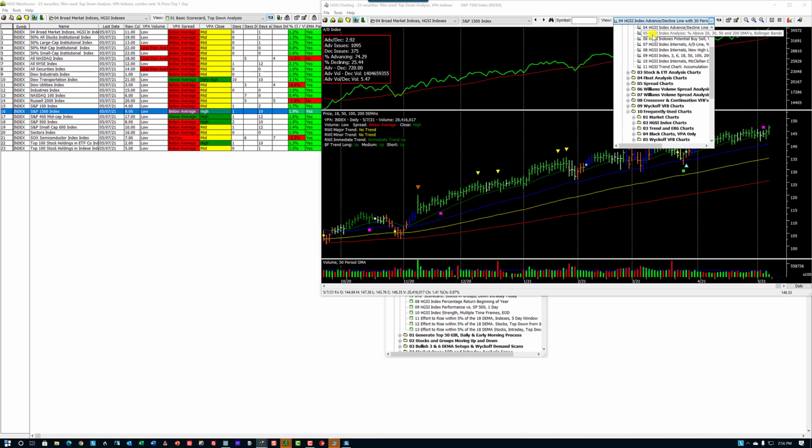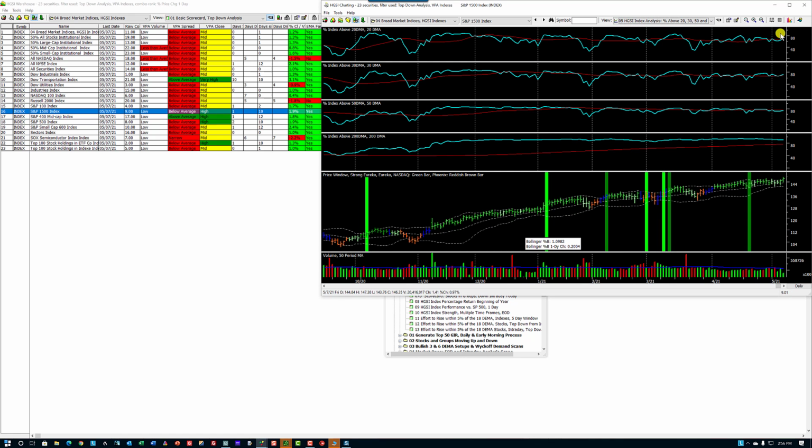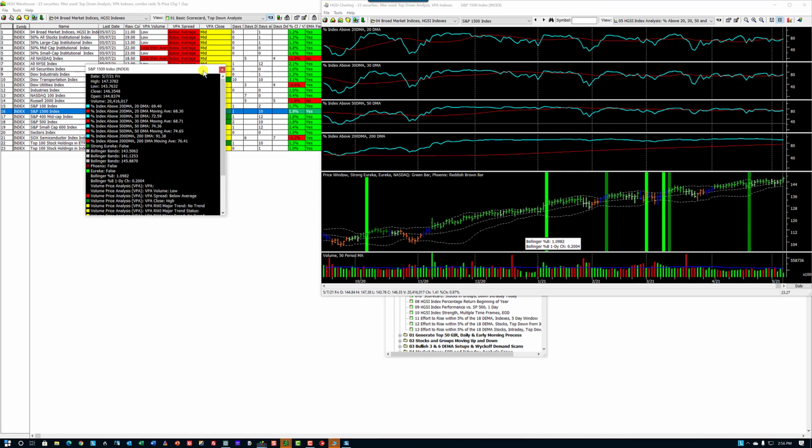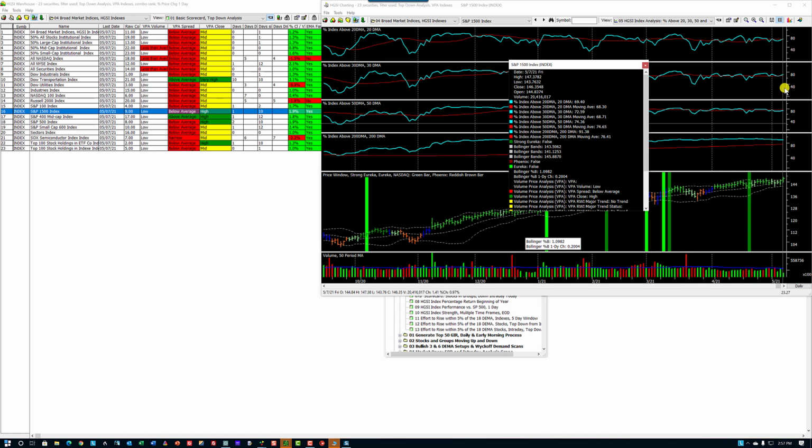Okay, this is one chart. Now let's go down to chart number 5, and this shows me the percentage of stocks above their 20-day moving average, their 30-day, their 50, and their 200-day moving average. And if I put this over here and click on alternate I on the keyboard, bring this over, make sure that I'm on the last day, it shows the percentage of stocks above these moving averages.